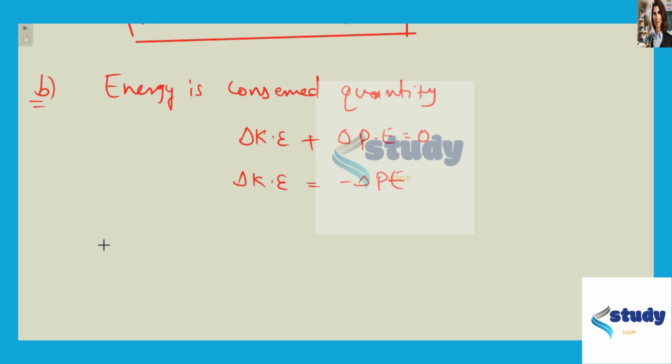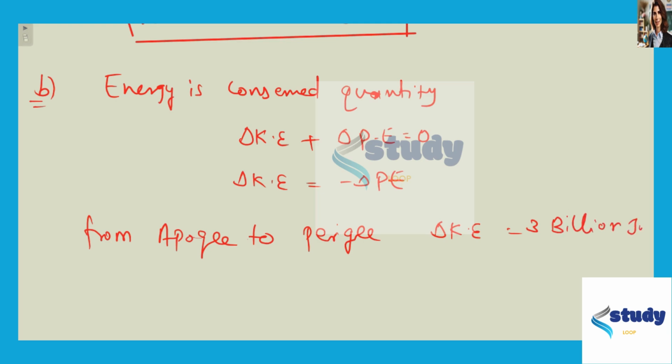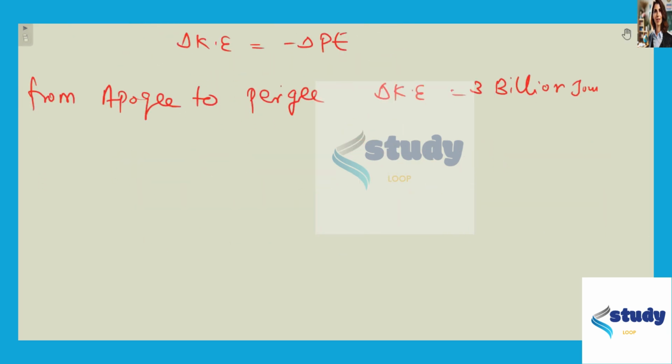Now from apogee to perigee, its kinetic energy increases, that is, the change in kinetic energy is 3 billion joules. So 3 billion joules is equal to minus the change in potential energy, or I can say that the change in potential energy is minus 3 billion joules.